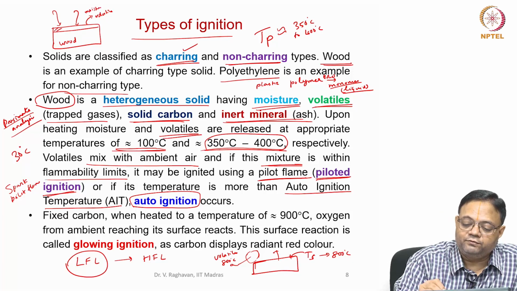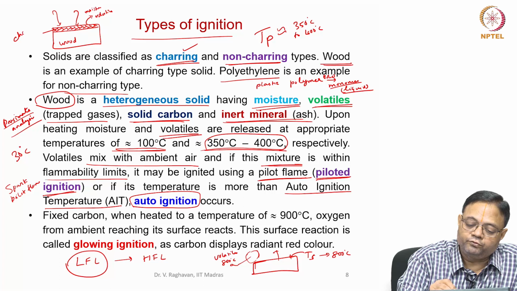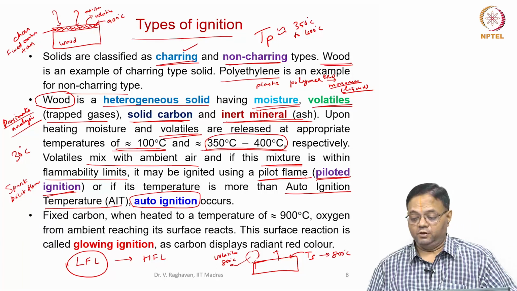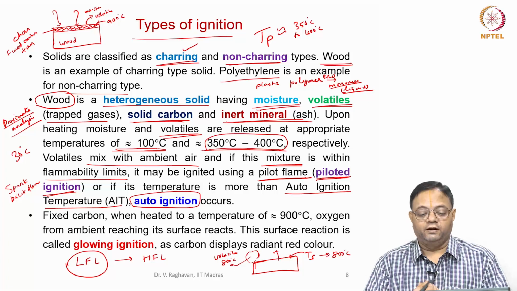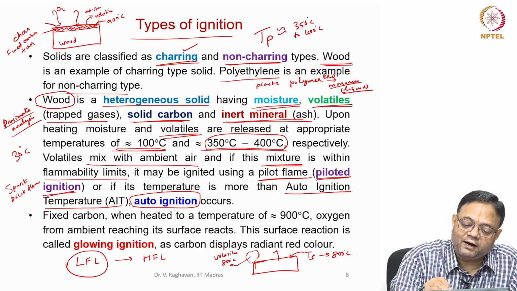Then a layer of char forms, which is nothing but fixed carbon plus ash. So, that layer forms on the surface. This layer can be heated up to 900 degrees centigrade. If the char layer is heated up to 900 degrees centigrade, oxygen from the ambient can come and a surface reaction can take place.